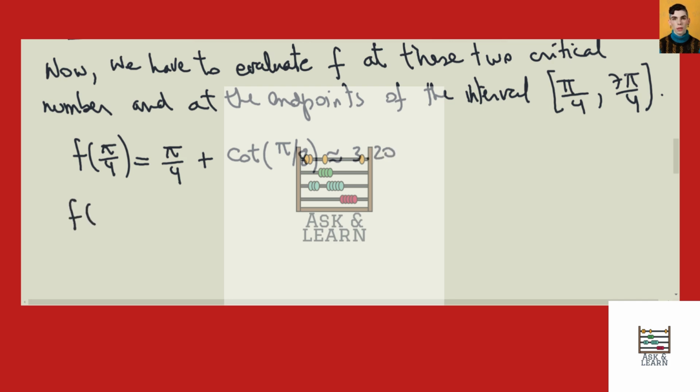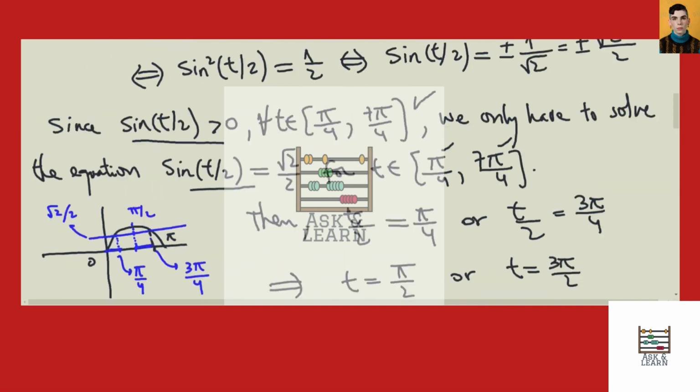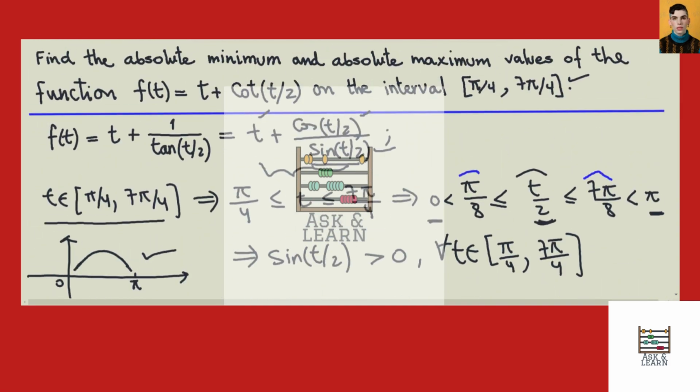Now we evaluate f at the right endpoint, 7 pi fourth, that is 7 pi fourth plus cotangent of 7 pi eighth, because remember the cotangent is evaluated at t half.